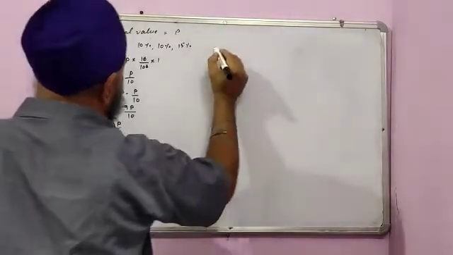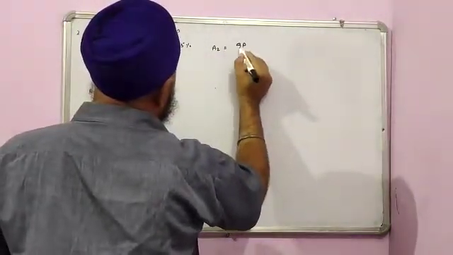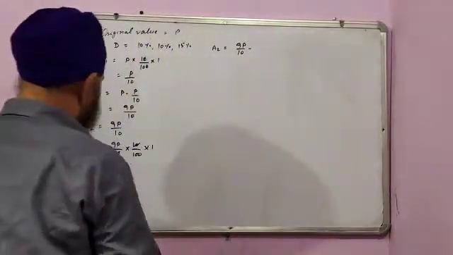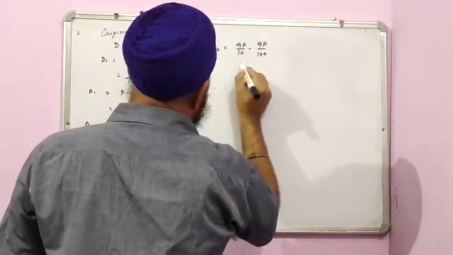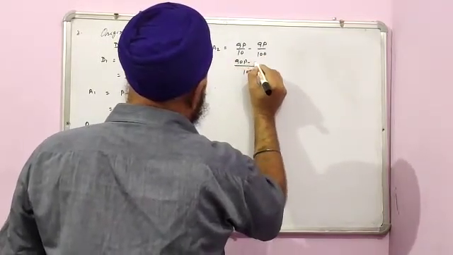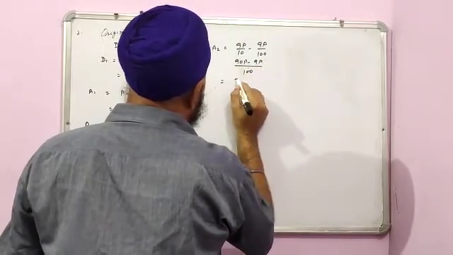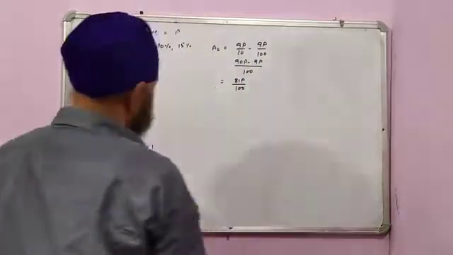So amount for second year is 9P upon 10 principal, again I have to subtract because it is depreciation, 9P upon 100. I take LCM. 90P minus 9P, it is 81P upon 100.